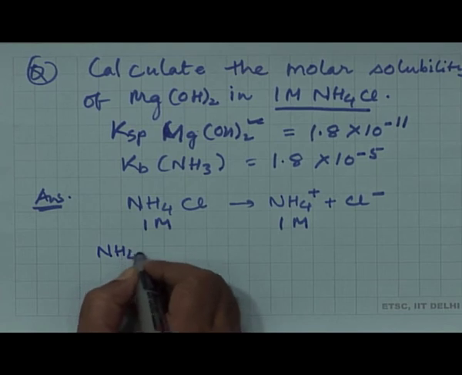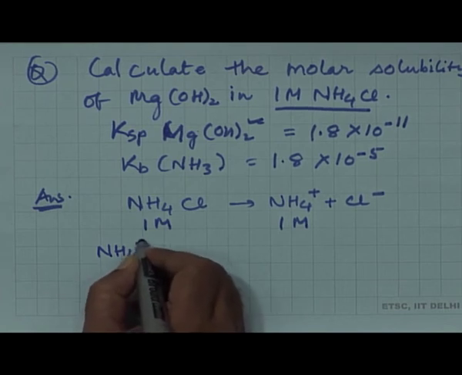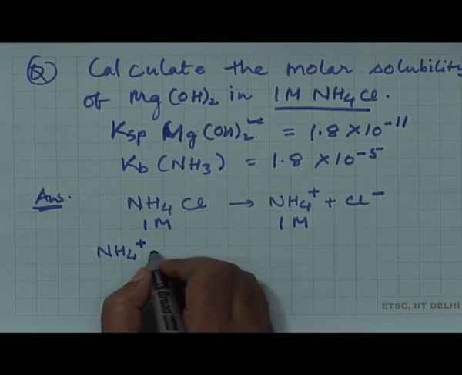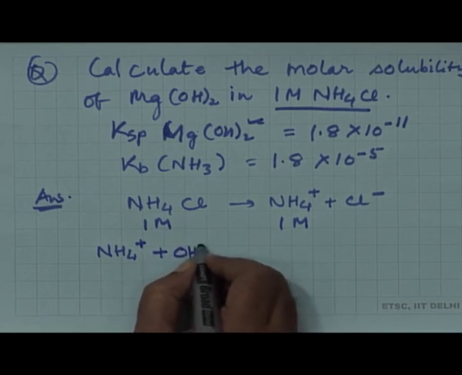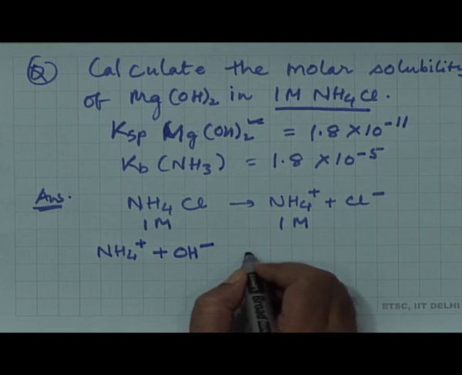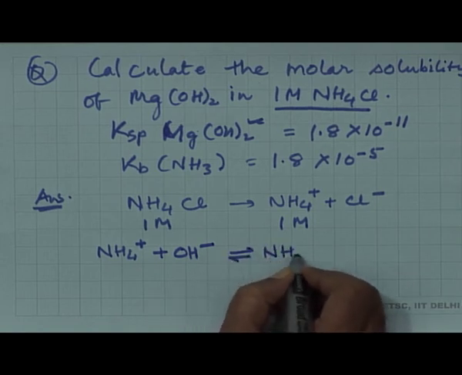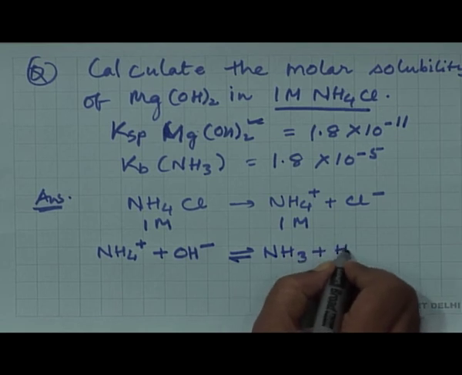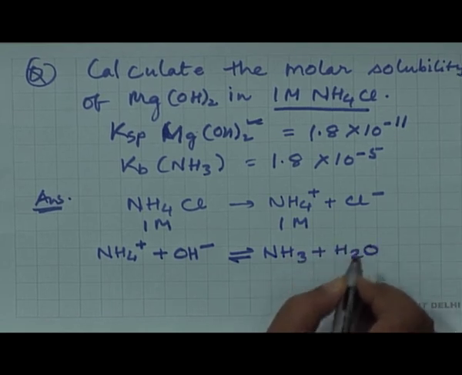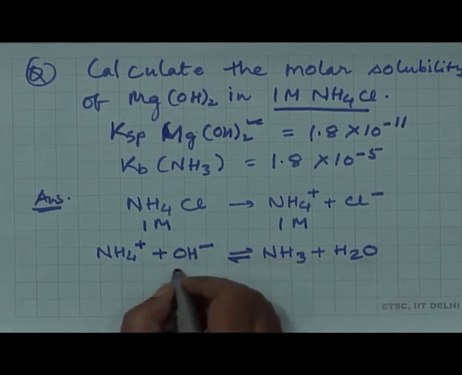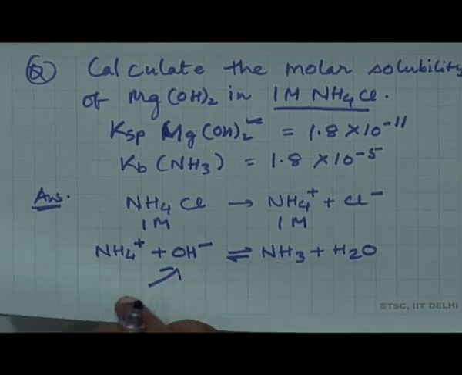And NH4 plus will react with OH minus ion to give you ammonia plus water. This OH minus ion will come from Mg(OH)2.